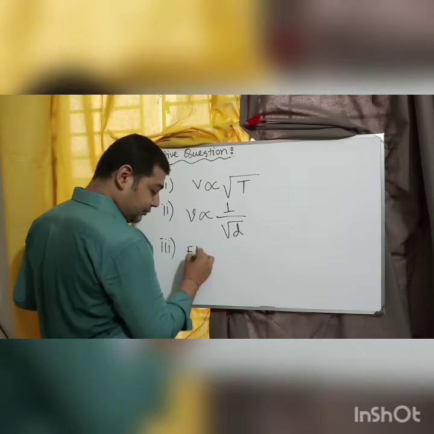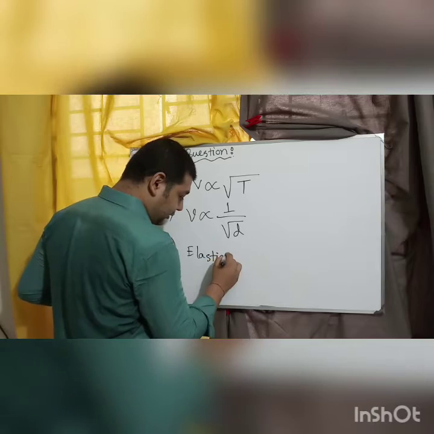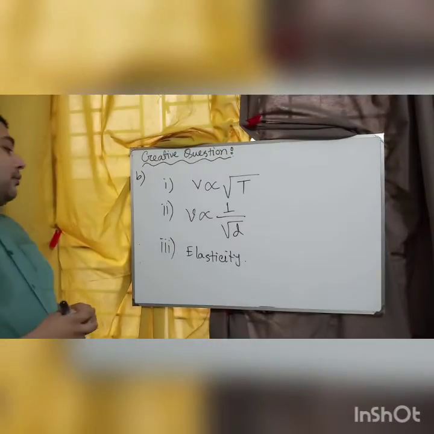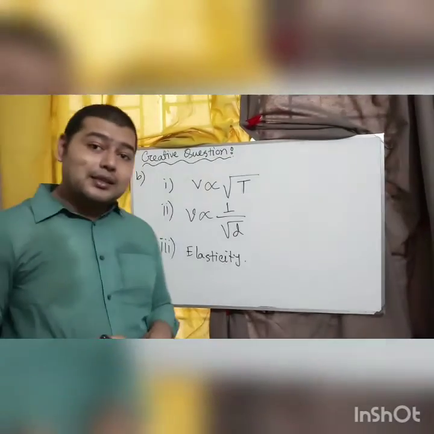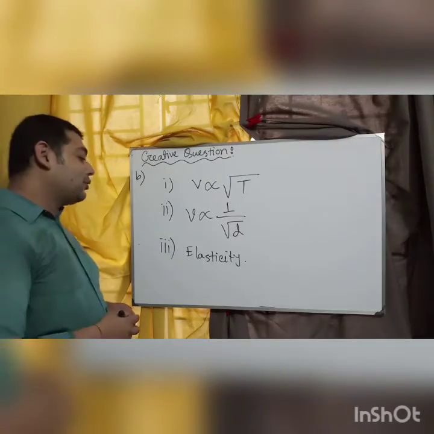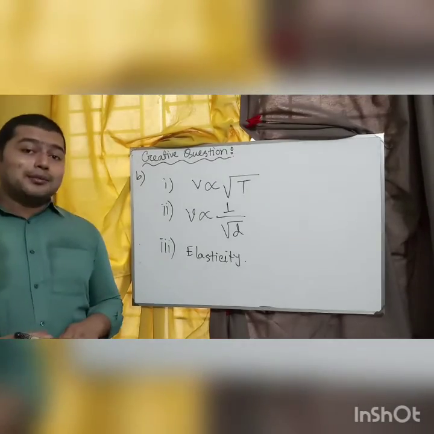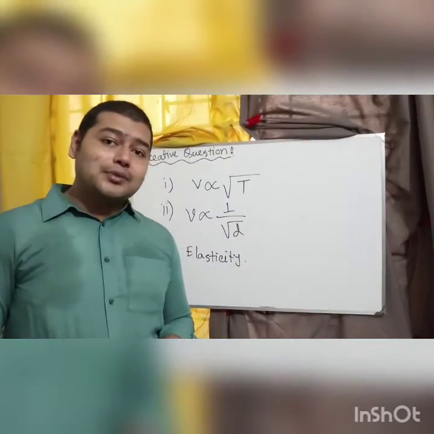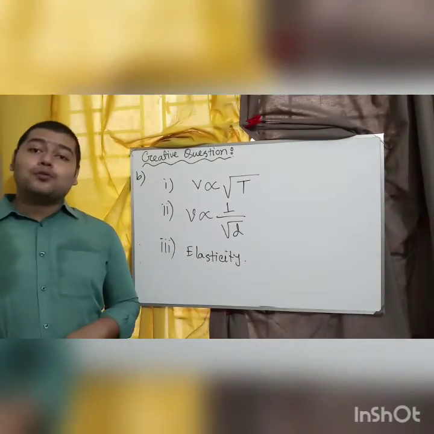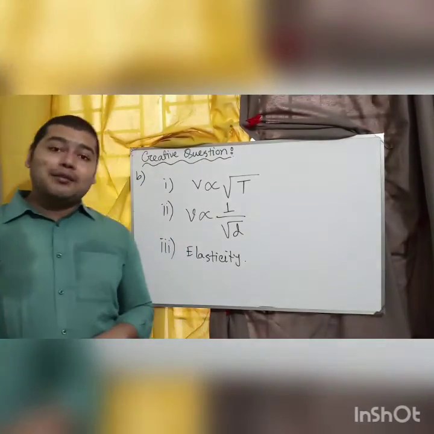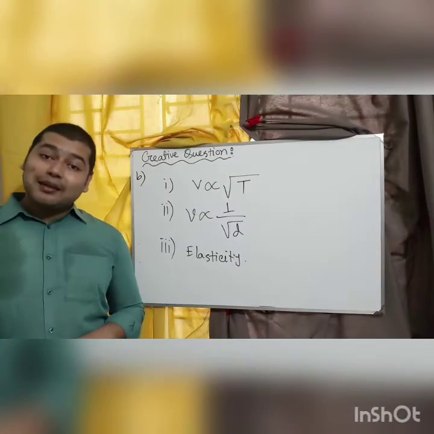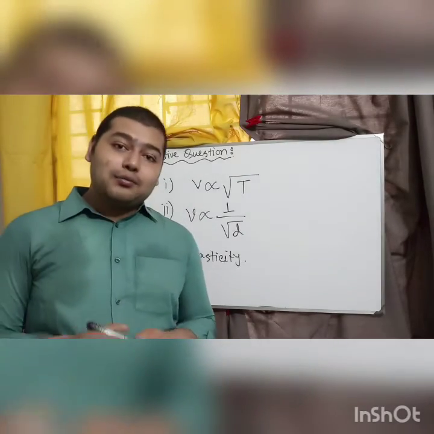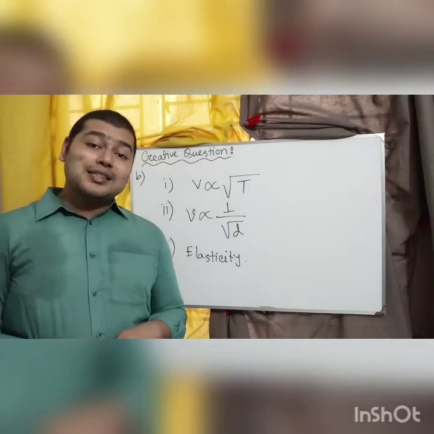Elasticity. If the elasticity is higher, then the velocity of sound will be maximum. Such as the velocity of sound in steel is 7 times greater than the velocity in air, and in water it is 5 times greater.